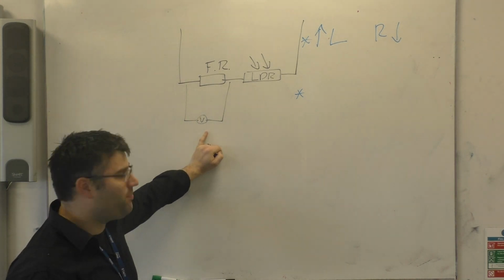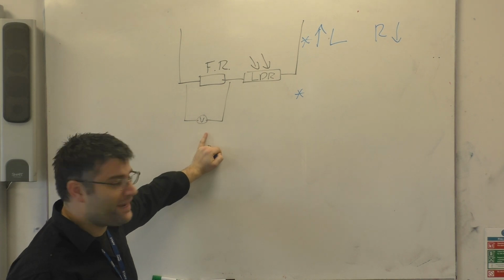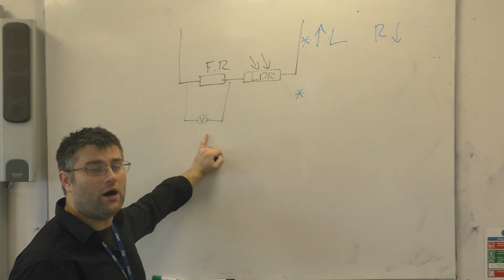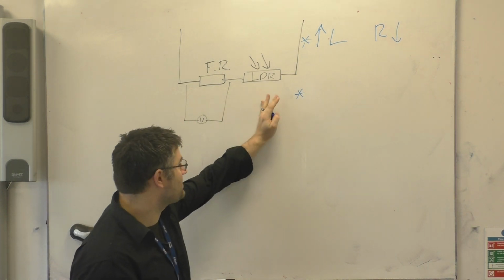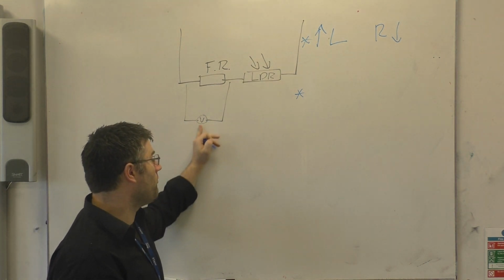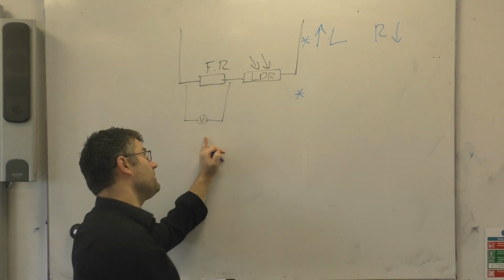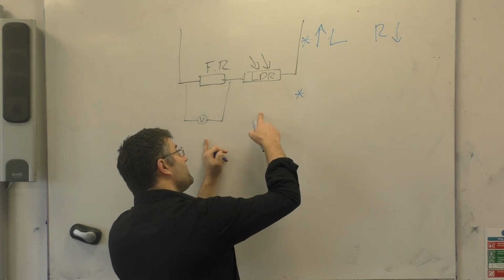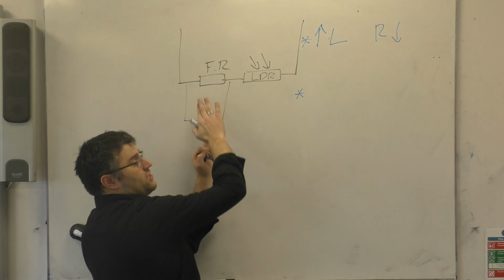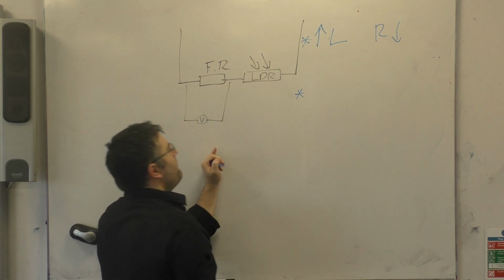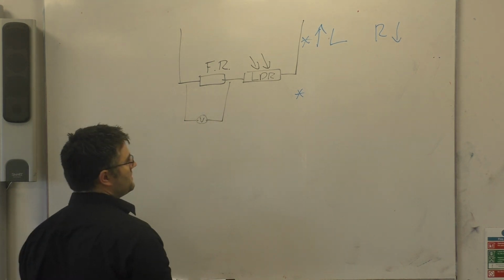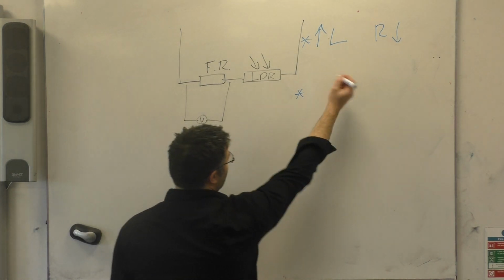Why? It's to do with the ratio of the resistances. The ratio has become more in favour of the fixed resistor because the LDR's resistance has dropped. The fixed resistor is relatively bigger, and therefore the voltage across the fixed resistor increases.